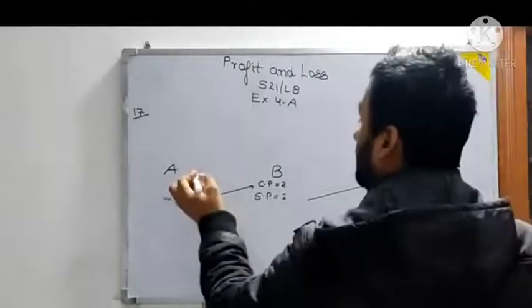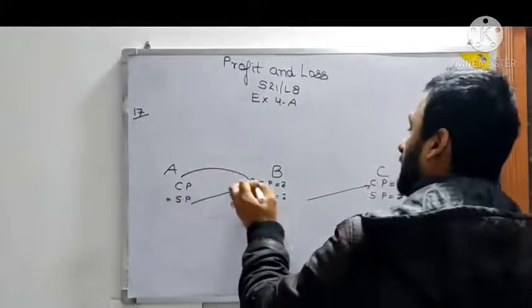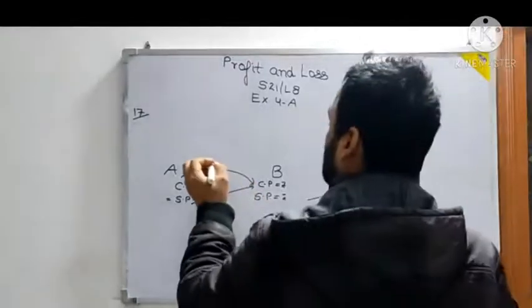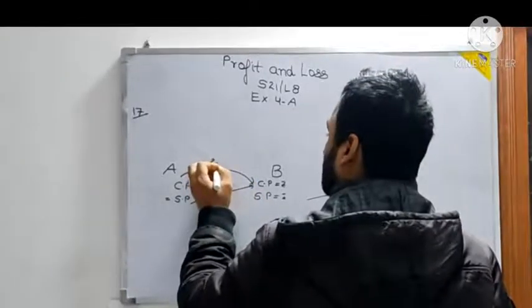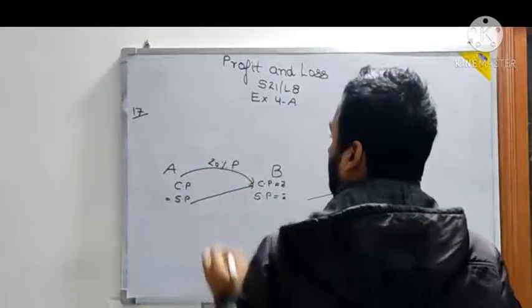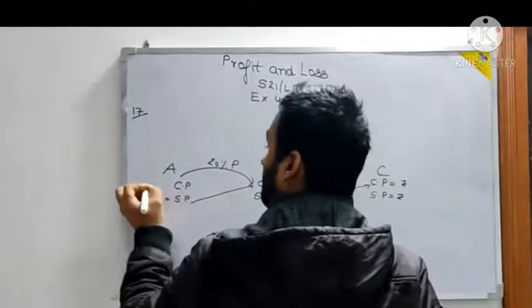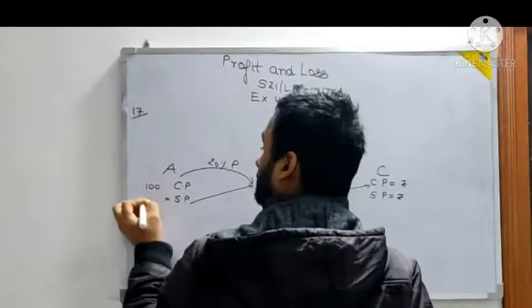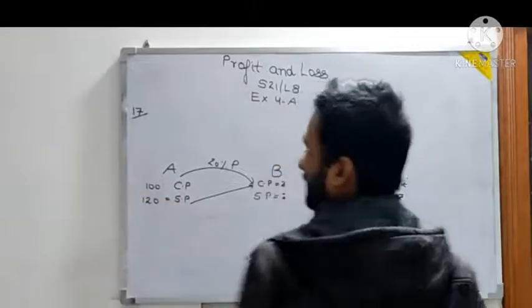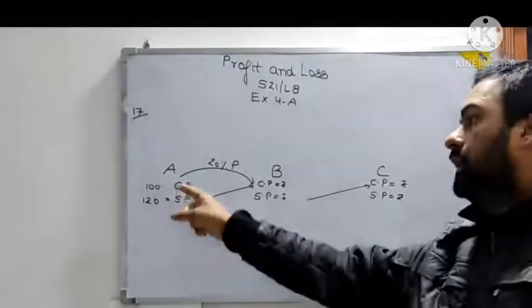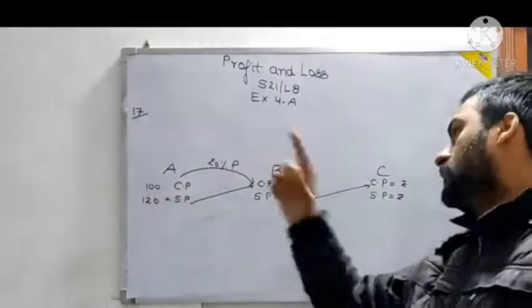A is selling to B, and in that process A is getting a profit of how much percent? 20% profit. That means if A has purchased something at 100 rupees, he is selling to B at 120 rupees, roughly speaking. But this is exact 100 rupees, 20 rupees more of that is 20% profit.